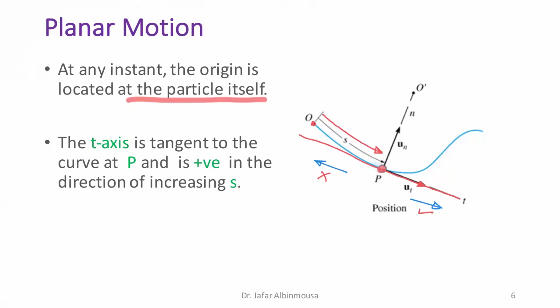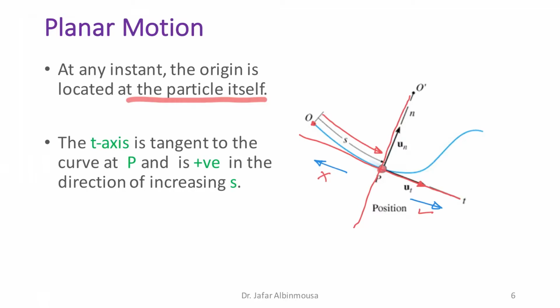Now, once we establish the tangential axis, we draw a perpendicular line to it, which is going to make the normal axis. And again, we will have the same question. If this is the tangent over here, then we can easily establish the normal, which is going to be over here.